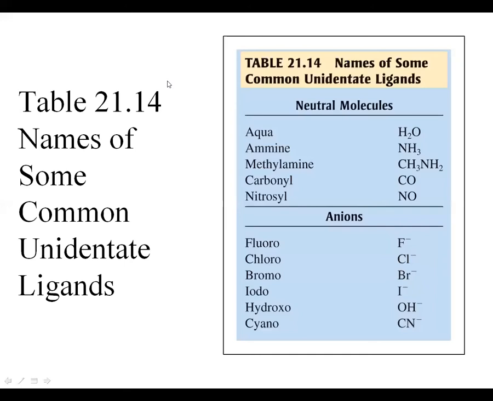Our halogens are named in an almost organic way: fluoride is fluoro, chloro, bromo, iodo for iodine, hydroxo for hydroxide, cyano for cyanide.